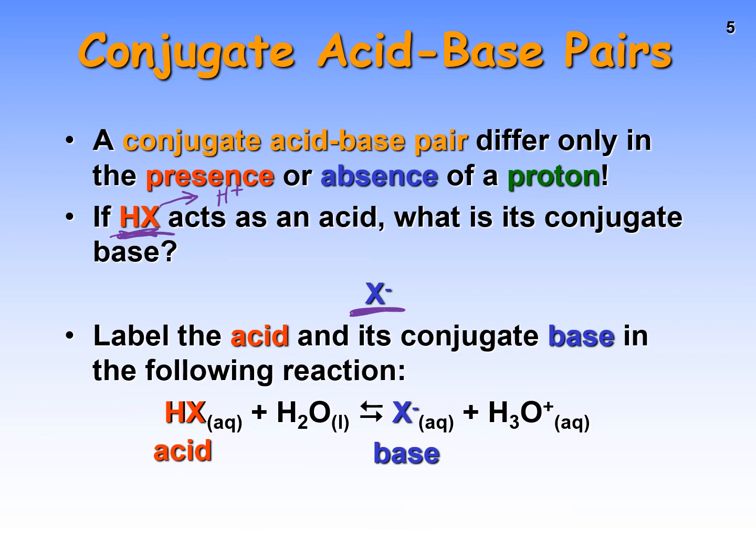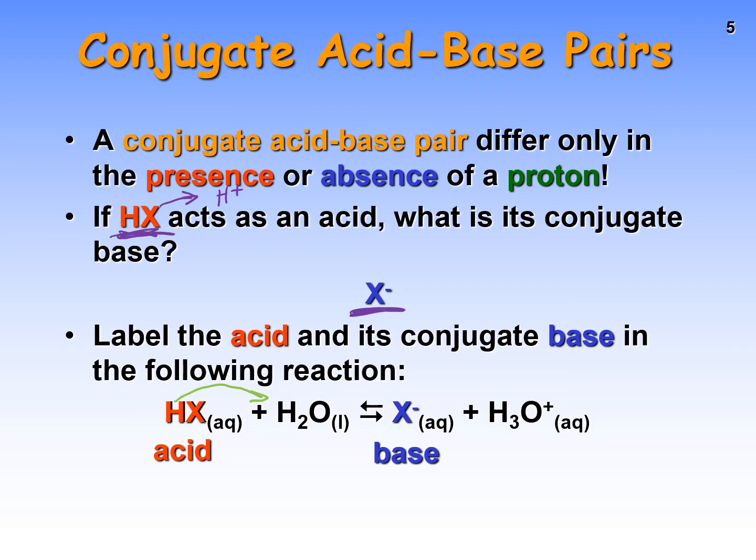However, in every Bronsted-Lowry acid-base reaction, there's always a base and an acid. By this definition, water, normally considered neutral, is actually acting as a base in this case, because as you can see, the hydrogen got donated to water.